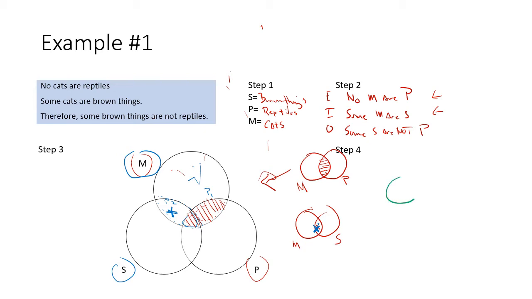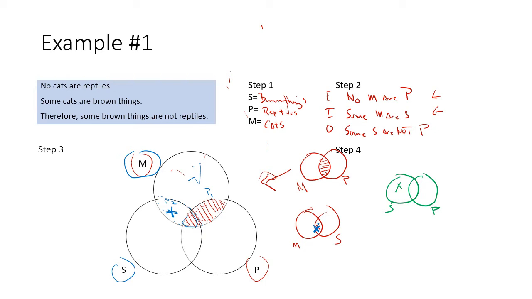The conclusion is some S are not P. So S is the subject, P is the predicate, and we have a particular negative. So what we're looking for is an X that's in the S circle but not in the P circle, right? So it has to be inside the S circle but outside of the P circle. And if we have it, then the argument is valid. If we don't have it, then the argument is not valid.